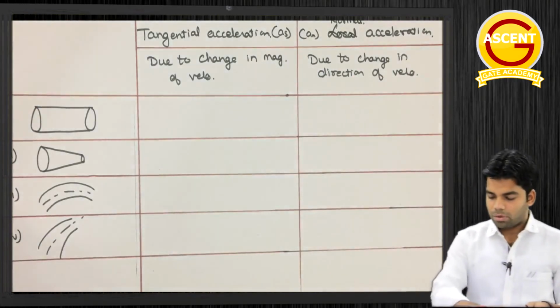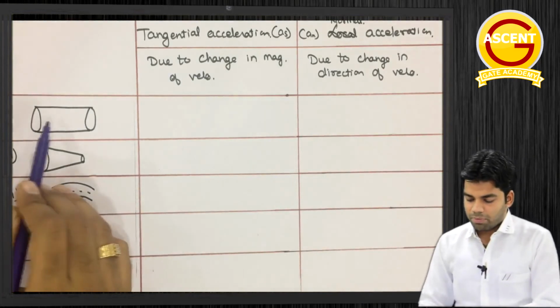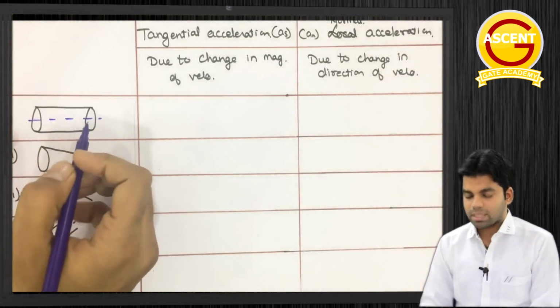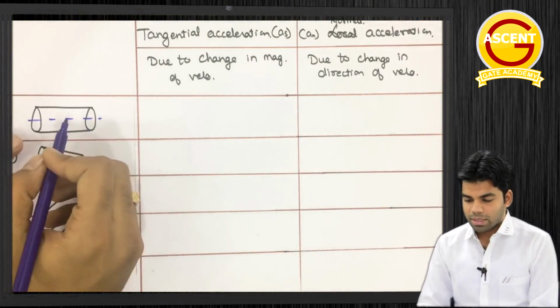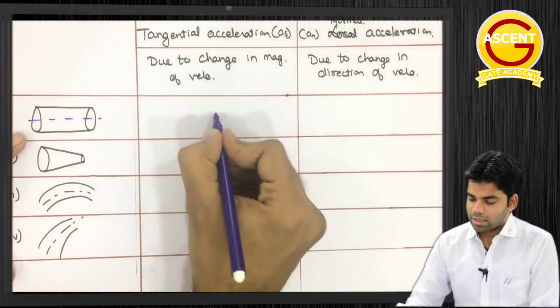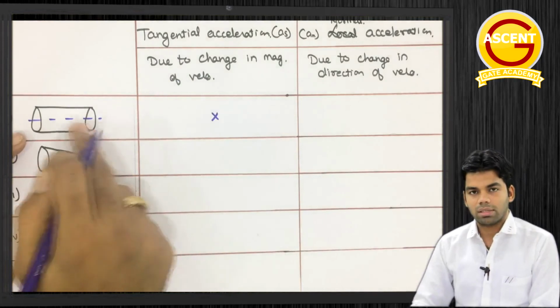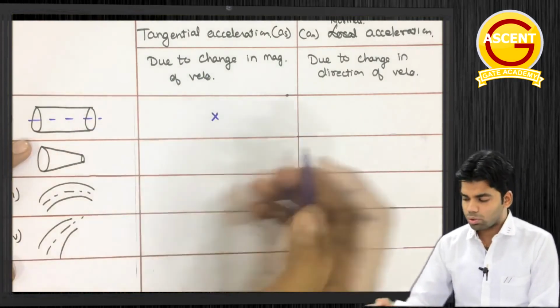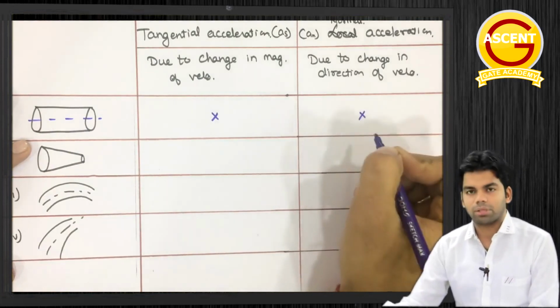Now in the straight pipe, which has uniform diameter, obviously there will be no tangential acceleration because the magnitude is not changing, the diameter is the same. The direction is also not changing, so no normal acceleration.